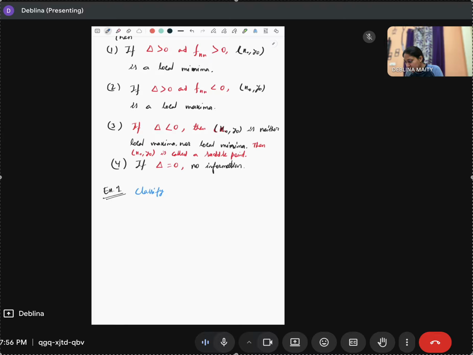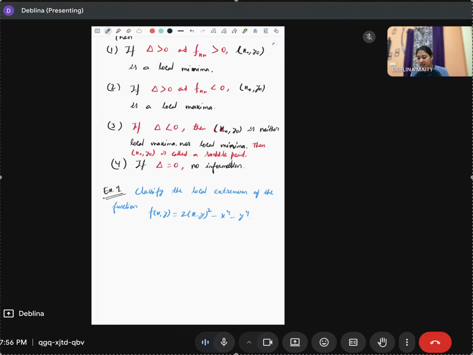So classify the local extrema of the function f(x, y) equals xy... Okay.